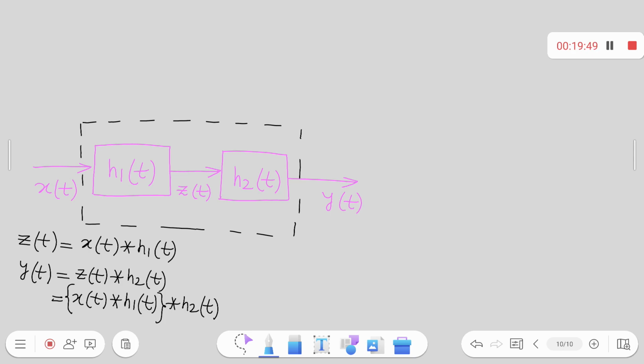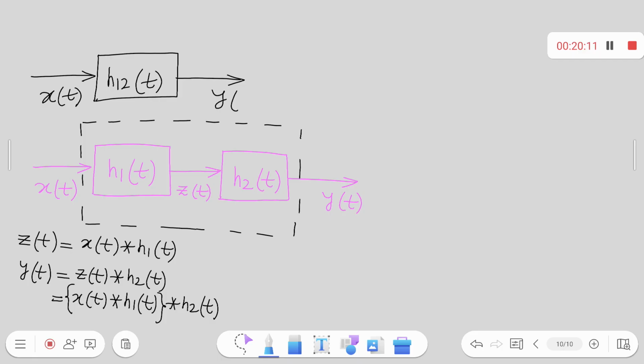Okay. Now I would like to find one system out of this h1(t) and h2(t). You are given x(t) as your input. I would like to find only one system, say let it be h12(t). When it receives the signal x(t), it will produce the same output y(t). That means the equivalent system.